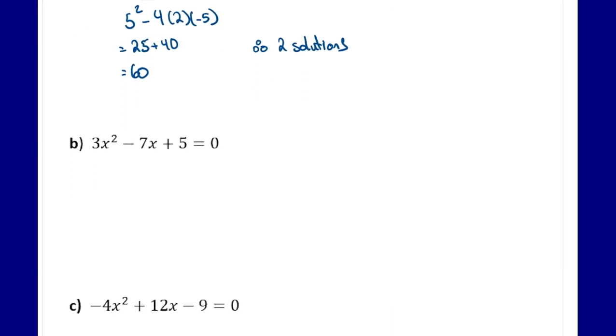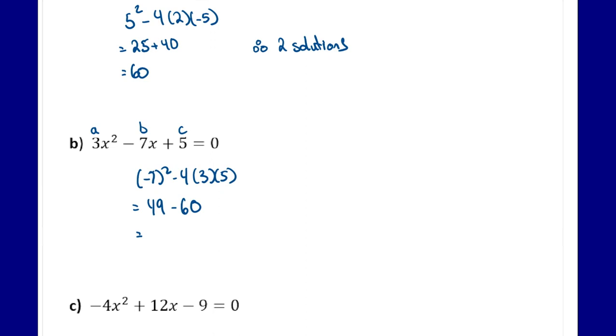For b, again, a, b, and c in our quadratic formula, our standard form, we got -7 squared minus 4 times 3 times 5. So we have 49 minus 60.